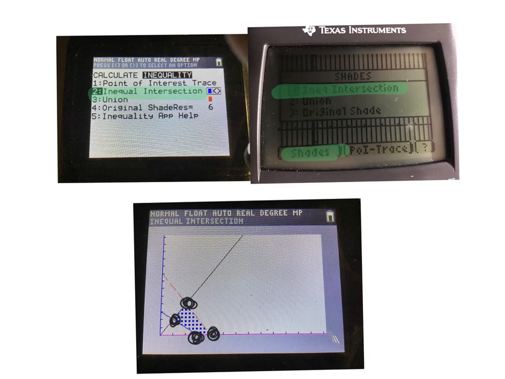What you're going to want to now do is use the point of interest, the POI feature of the calculator, to get the coordinates for the vertices.